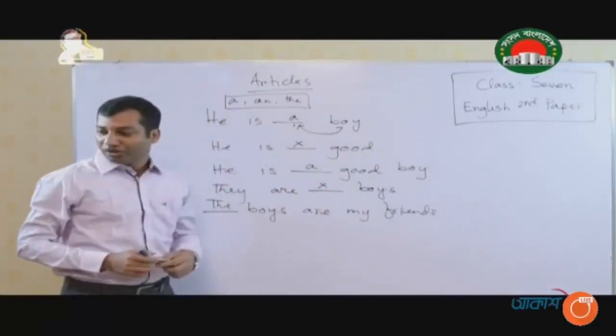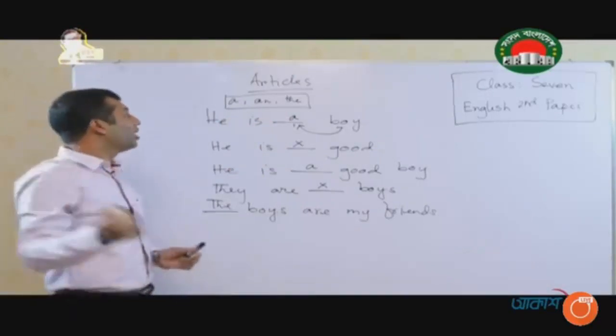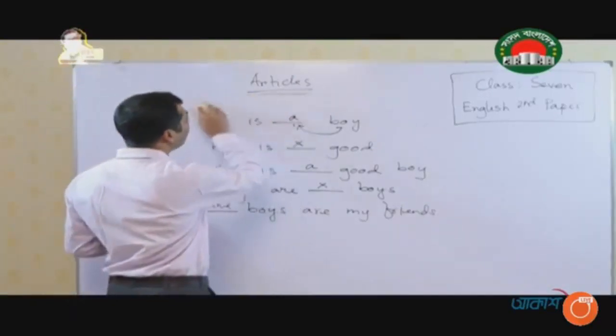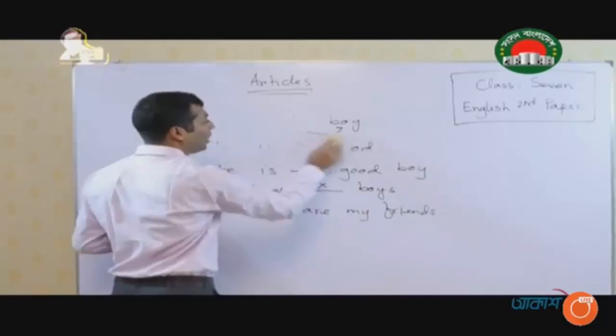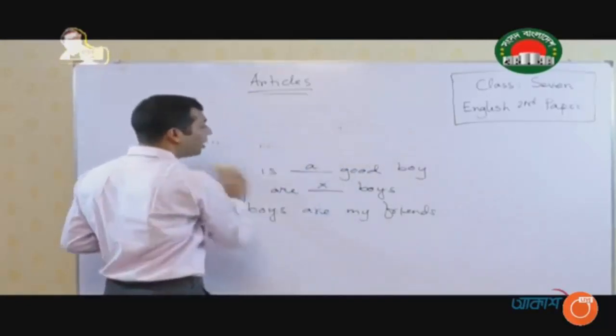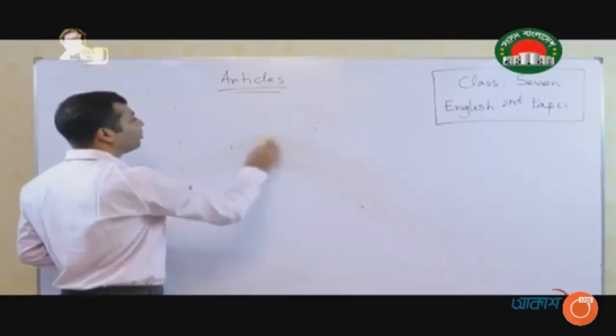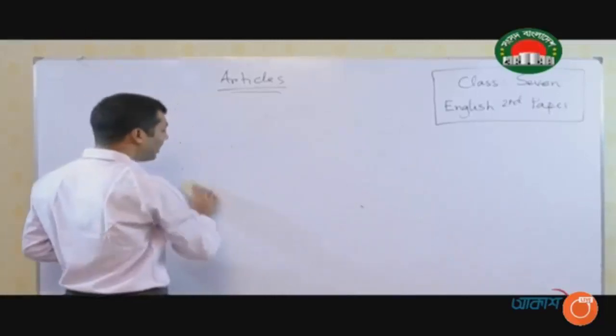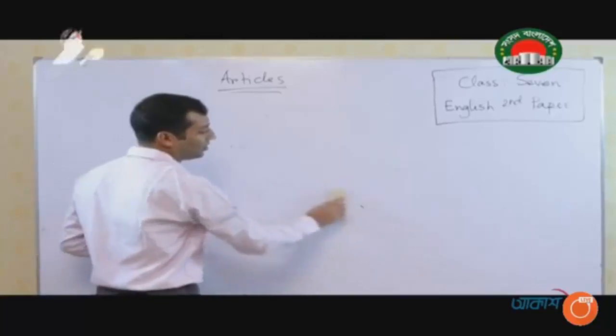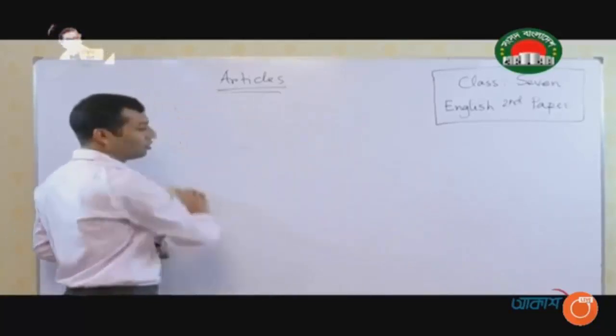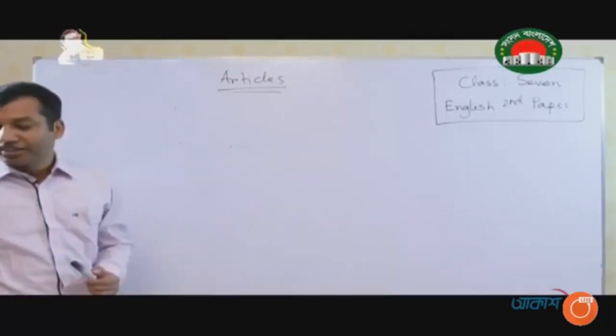But before going to learn about their uses, at first we have to learn where to use an article and where not to. Because in your exam, there will be questions that ask you to fill in the blanks with articles, or put a cross where no article is used.